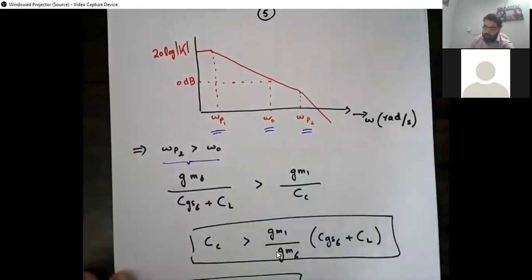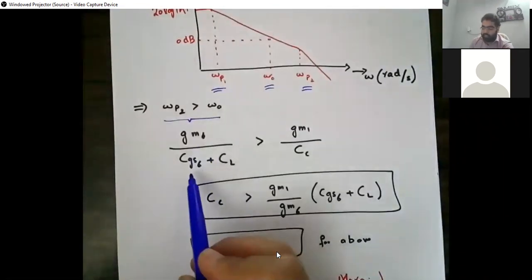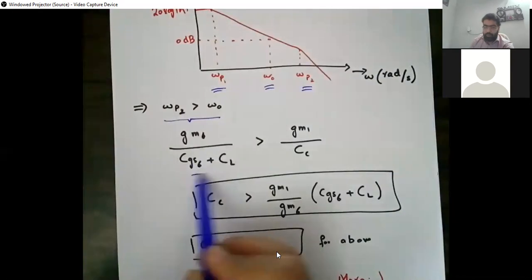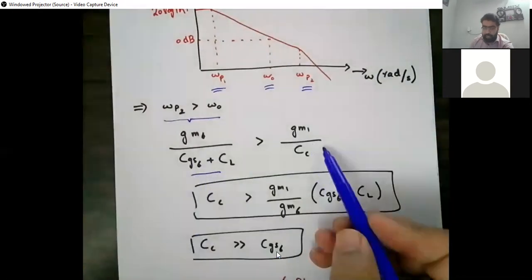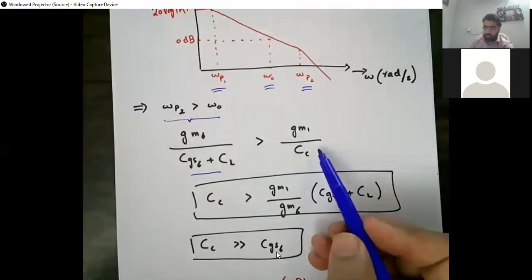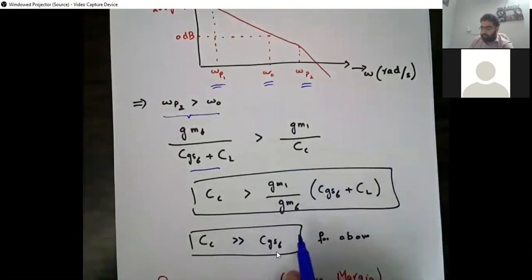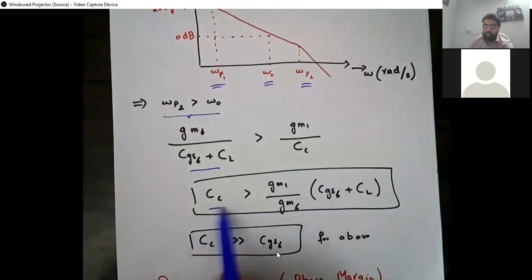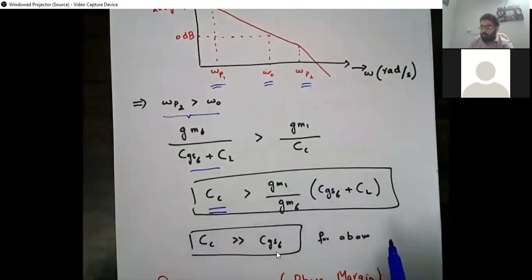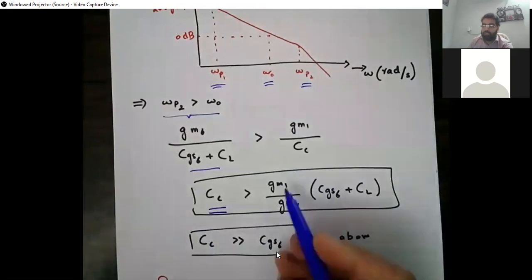So let's replace omega P2 and omega naught with the values which we calculated. Omega P2 is GM6 divided by CGS6 plus CL, and omega naught is GM1 by CC. Checking the left and right hand sides, we reach the conclusion that CC should be greater than GM1 by GM6 times CGS6 plus CL.